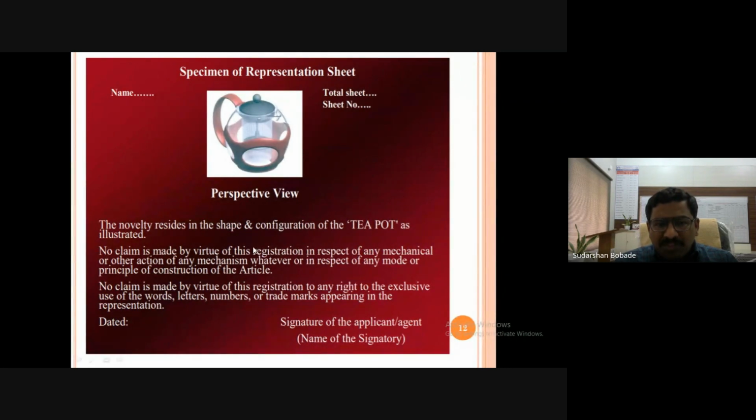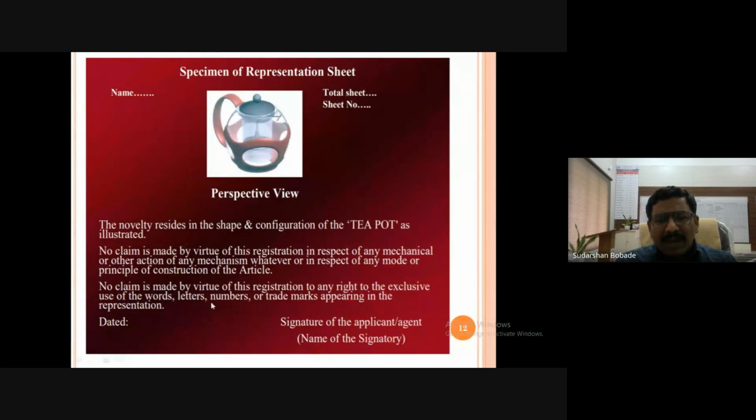If along with this shape and configuration, 1988 is printed over there, then it becomes part of my claim for my design patent. If we do not mention this, then that 1988 may cause an objection in the future assessment process.